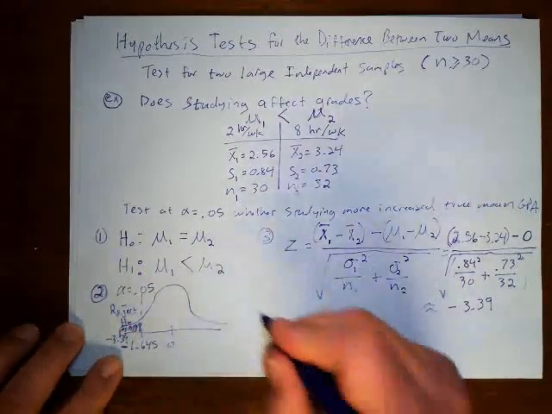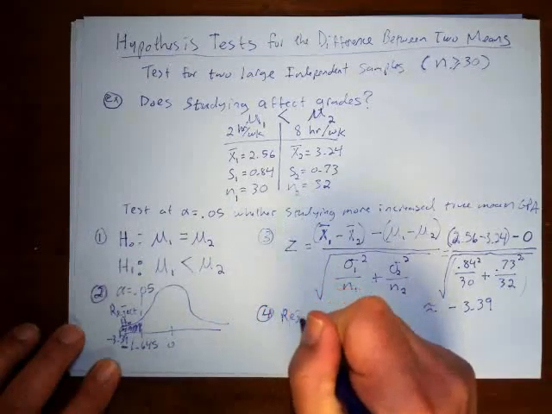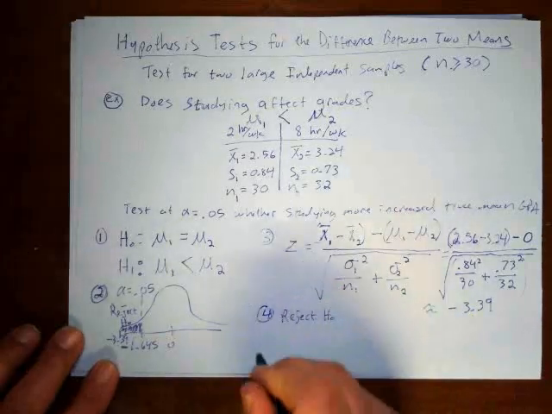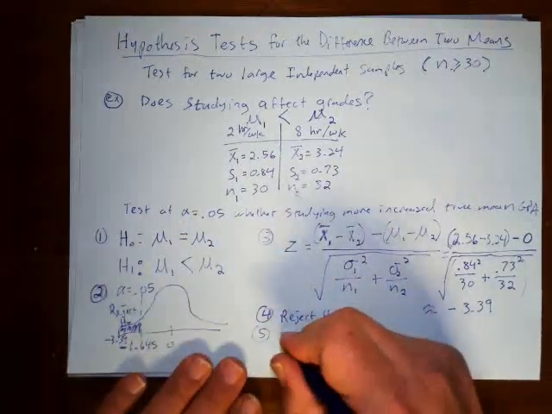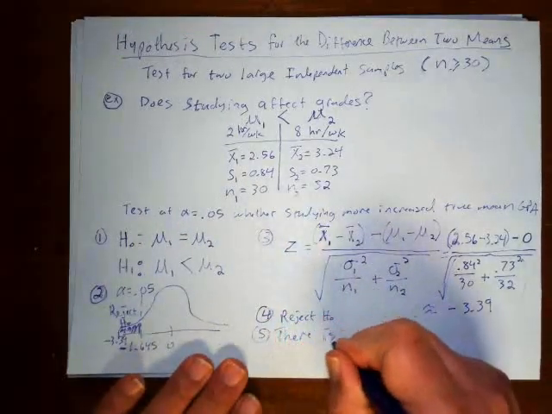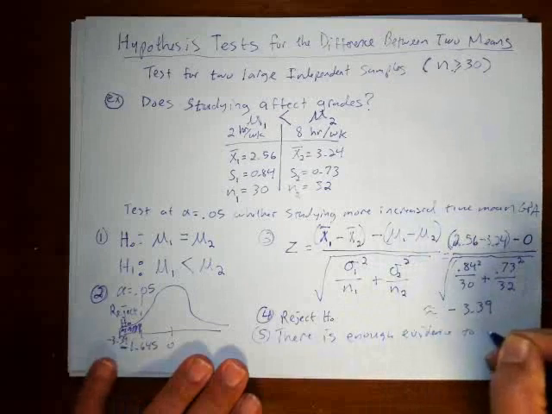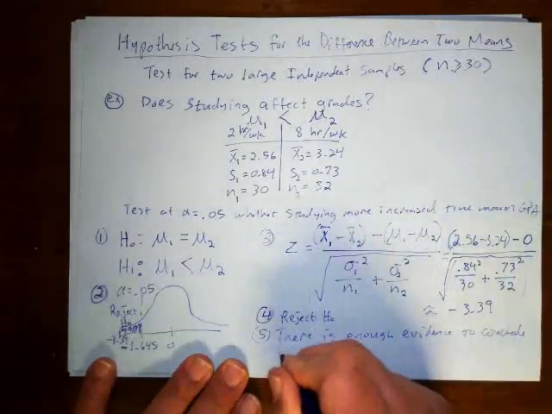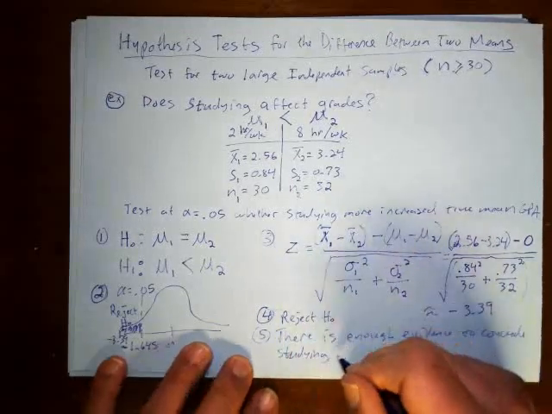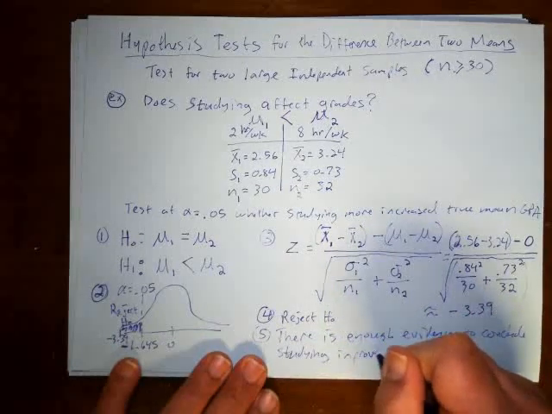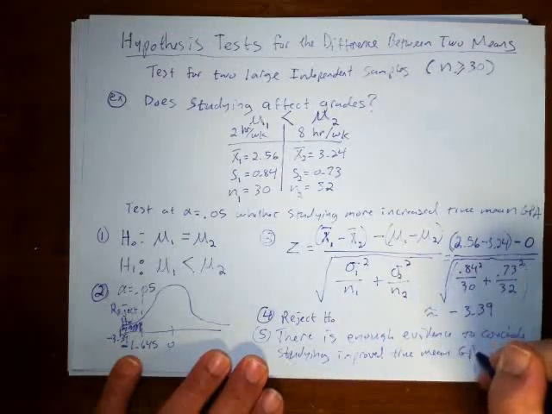So that is the test statistic, and that does lie in the rejection region. So that means I'm going to reject H0. And H naught was saying that there is no difference between the groups. And so that means there is enough evidence to conclude studying improved true mean GPA.